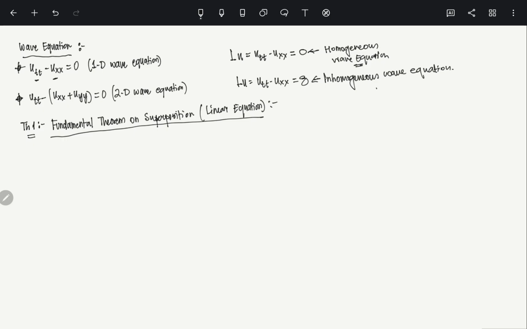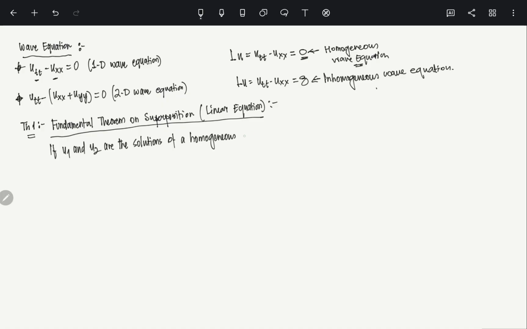So we'll just look at what this theorem says. It says that if you have two solutions, u1 and u2, of a homogeneous linear PDE, where homogeneous means the source term is 0.